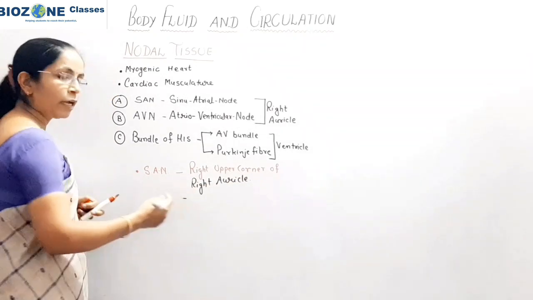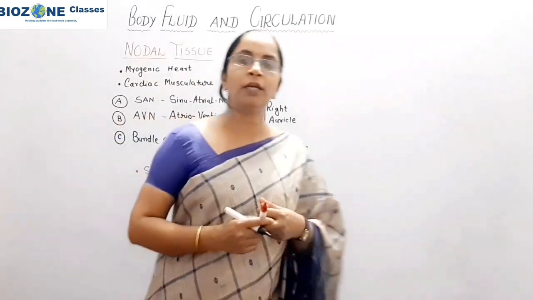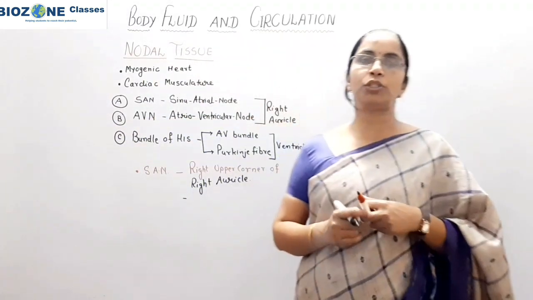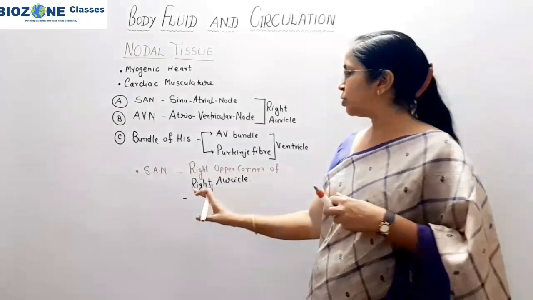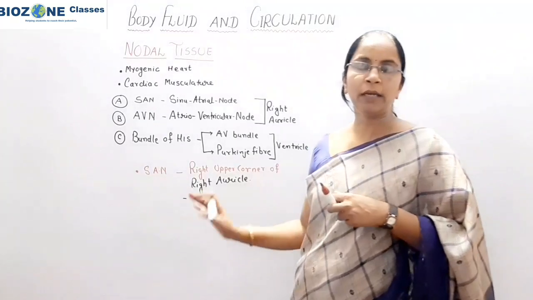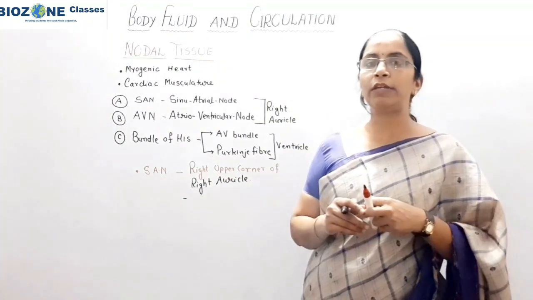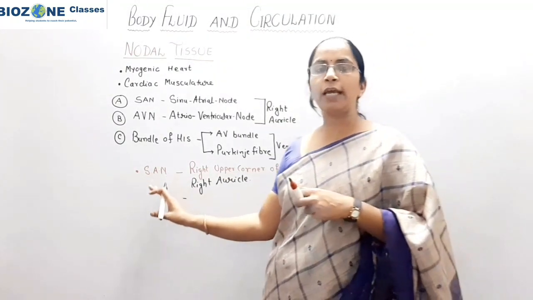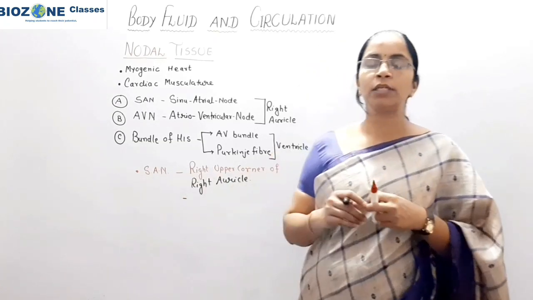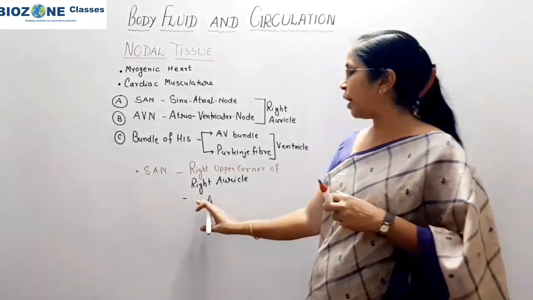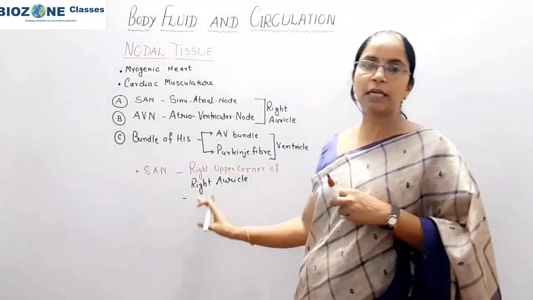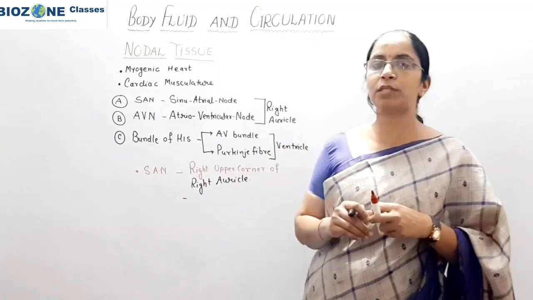In 1 minute, SAN has the capacity to produce action potential 70 to 75 times, but generally on average we say the heartbeat is 72 times. So SAN generates action potential on average 72 times, and if you go through the NCERT, 75 times is provided.